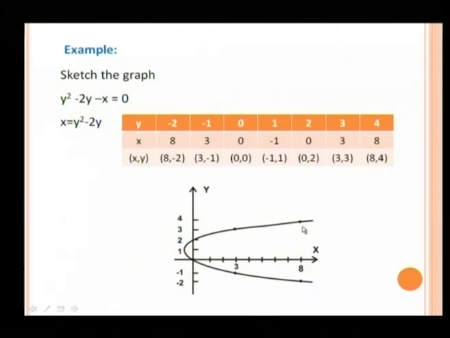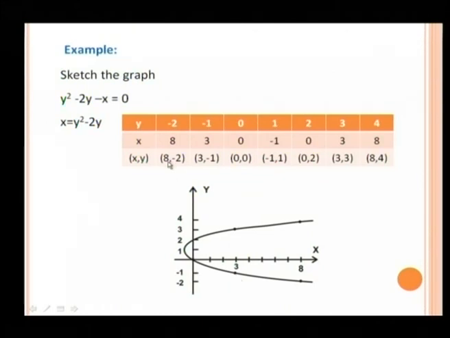So we will have this point. Now we have two ordered pairs having negative y values. The first ordered pair is (3, -1). So we will consider a positive 3 for the x-axis and a negative 1 for the y-axis. So we will have this point, which would be in the fourth quadrant.